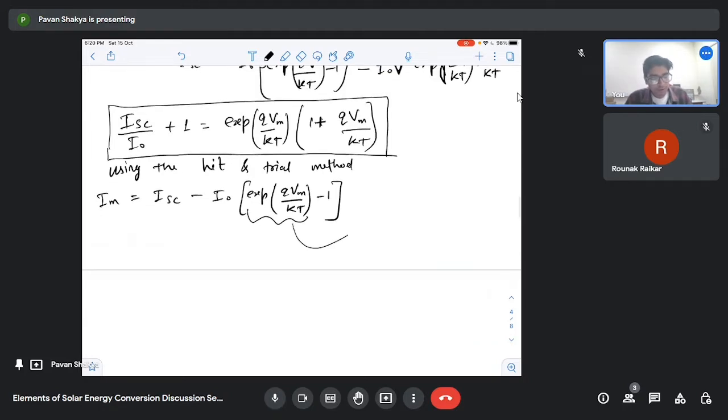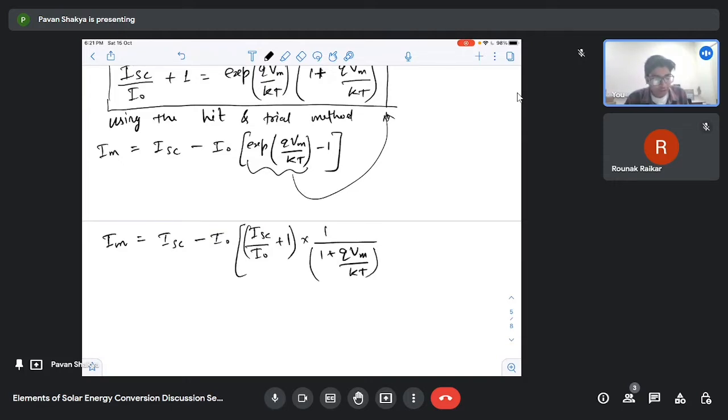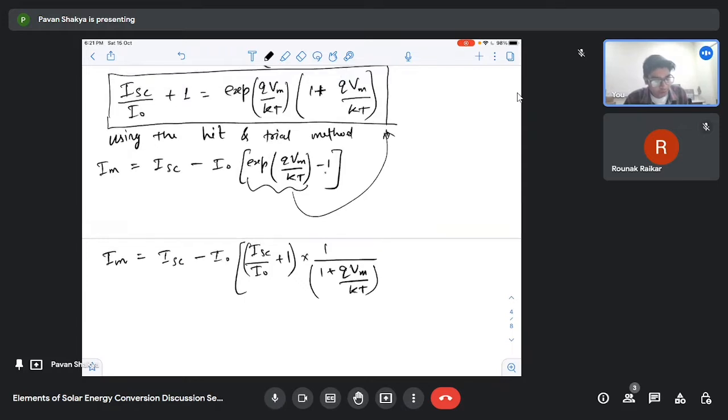Okay, so I'm putting the value for this exponential term from the above formula. So if we put it, then we can find this Im will be equal to ISC minus I naught times ISC divided by I naught plus 1, multiplied by 1 divided by 1 plus QVm by KT, and there was one negative sign, so this is minus 1.